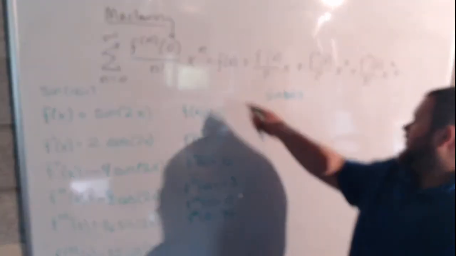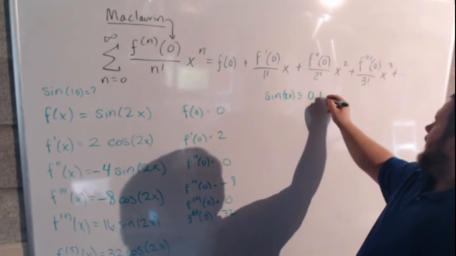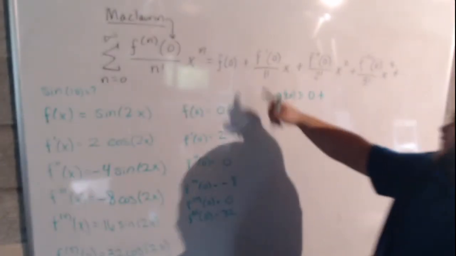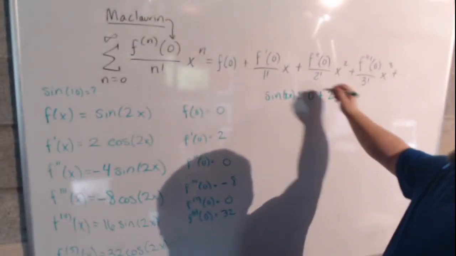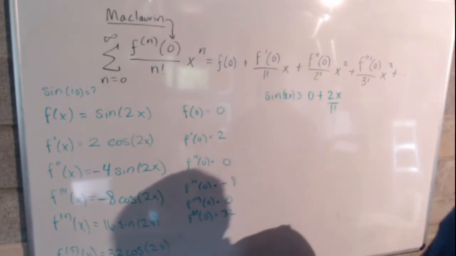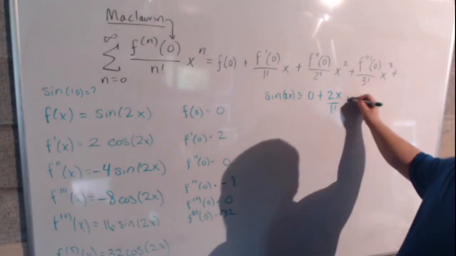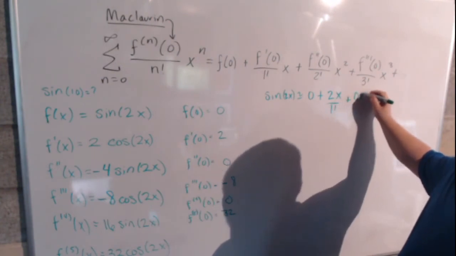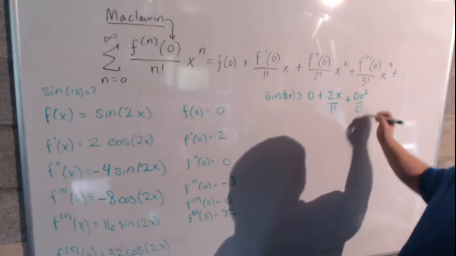So, function at 0 is 0. First derivative is 2 times x over 1 factorial. The second derivative is 0 again, so the x squared term is going to disappear.